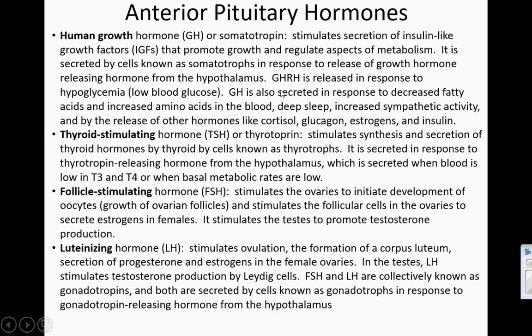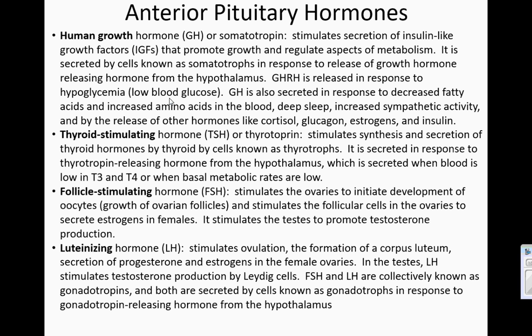But GHRH, growth hormone releasing hormone, is actually released in response to hypoglycemia. Hypoglycemia is a fancy way to describe low blood sugar. The prefix hypo means low. Okay. Glycemia refers to glucose or sugar. Okay. So this would be like after a fasting state. You wake up in the morning, you're probably releasing growth hormone because you're probably low in blood sugar.